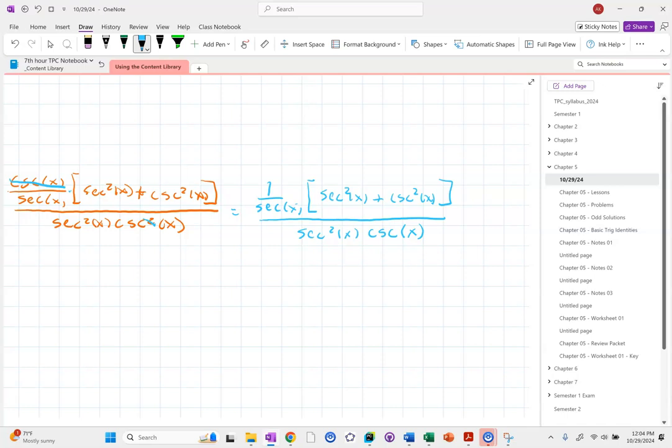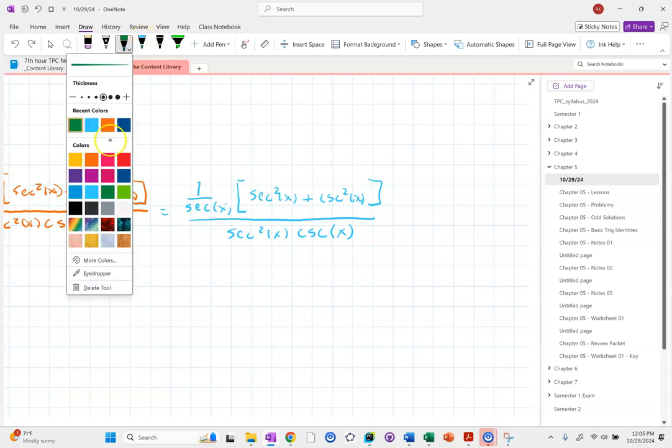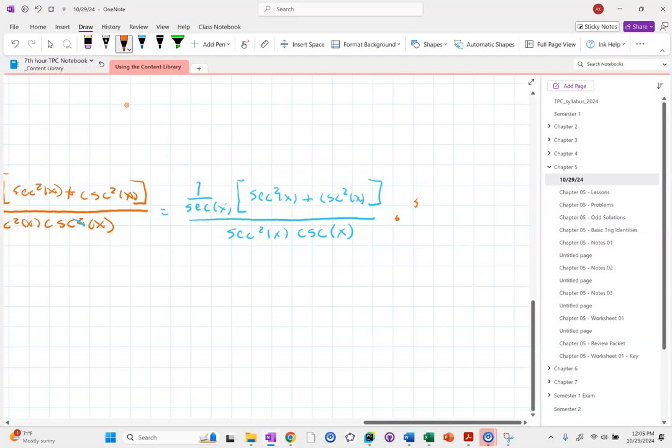Can we simplify to get secant out of the 1 over secant and take the square out of the problem? Okay, so you're talking about reducing, right? So it's not going to reduce. There is something you can do there, but it's not this, which I think is what you were saying. The way you'd want to think about this, and this is a little tricky, is multiplying the top and bottom by secant.